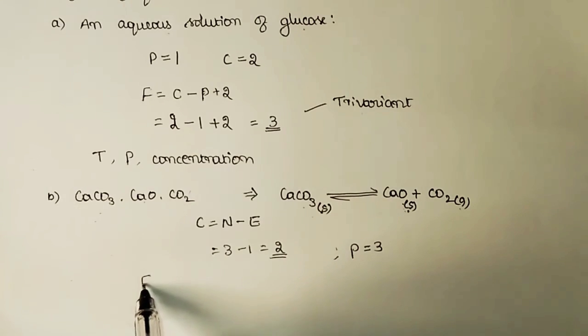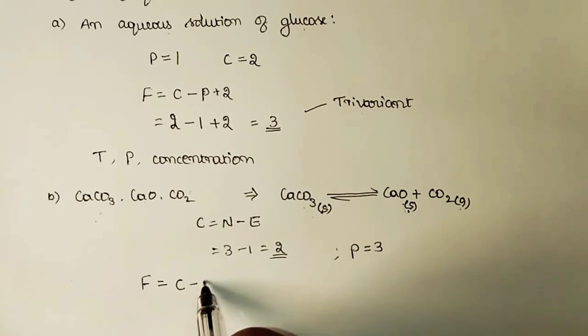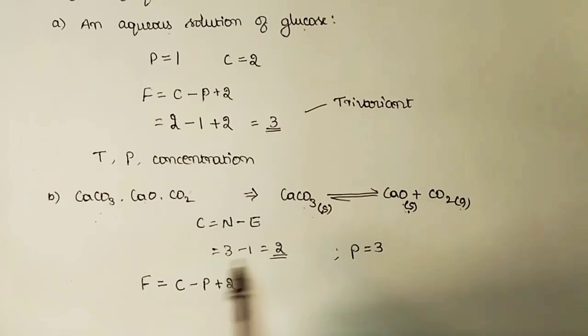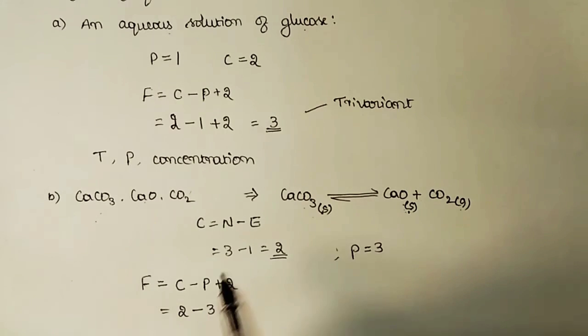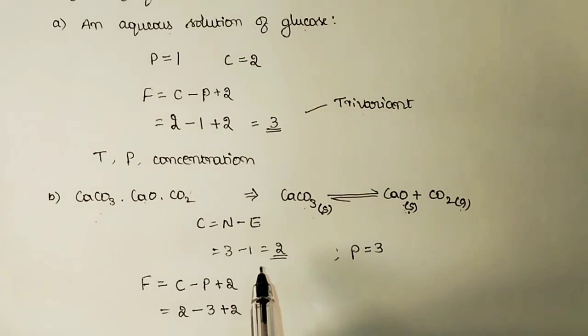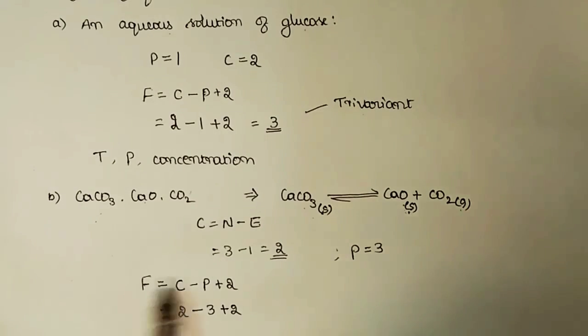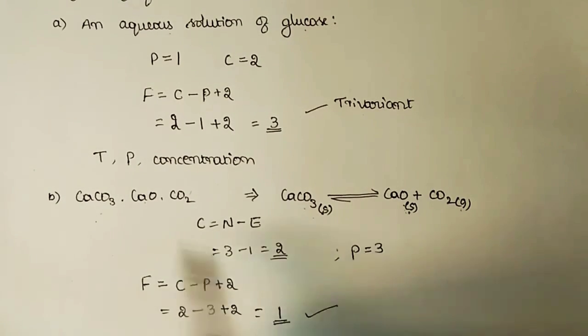And now we can use the mathematical formula, that is Gibbs phase rule, that is F equals C minus P plus 2. So here the number of components is 2, the number of phases is 3, plus 2. Right. And if you do the calculation, 2 plus 2 is 4, 4 minus 3 is 1. So the number of degrees of freedom for this particular system is 1.